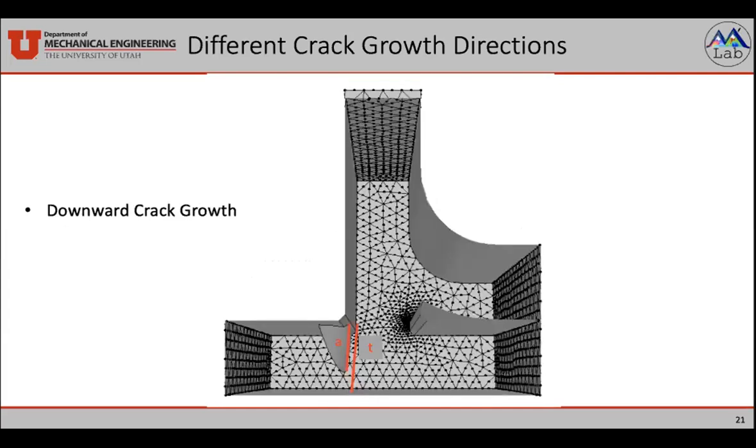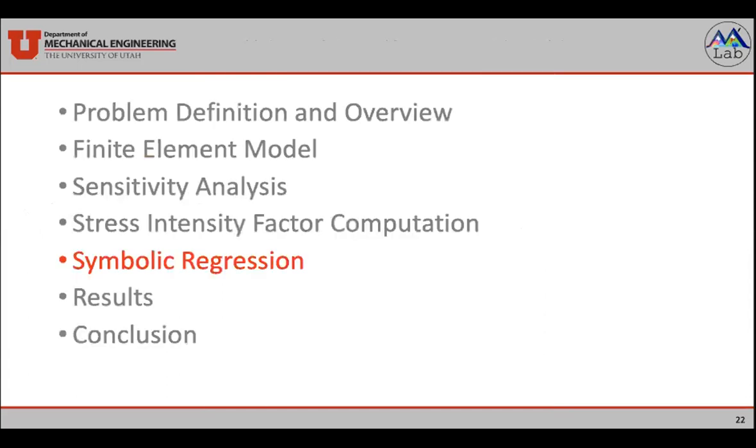And in downward crack growth, similarly, the thickness was from the crack insertion point to where the crack would break through to the other surface, and A was that distance along the crack growth path. So after this data generation, we are able to create a symbolic regression model.